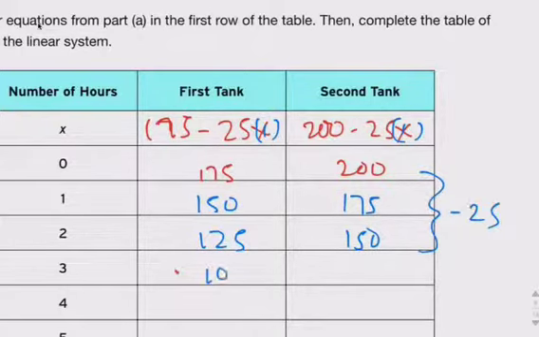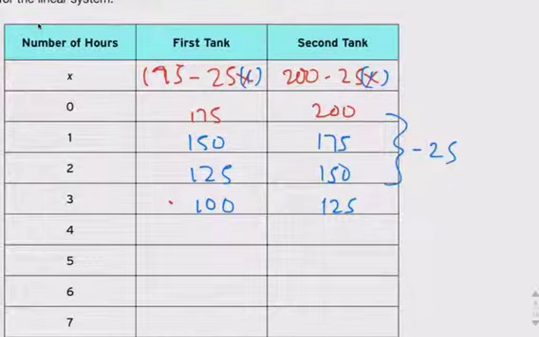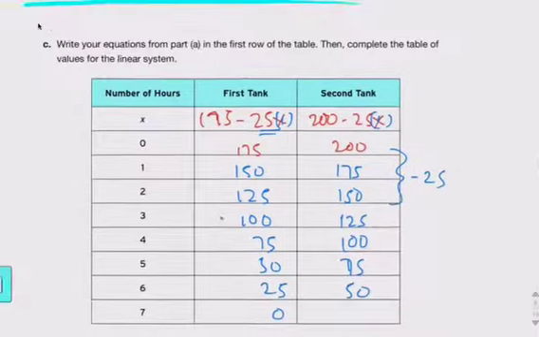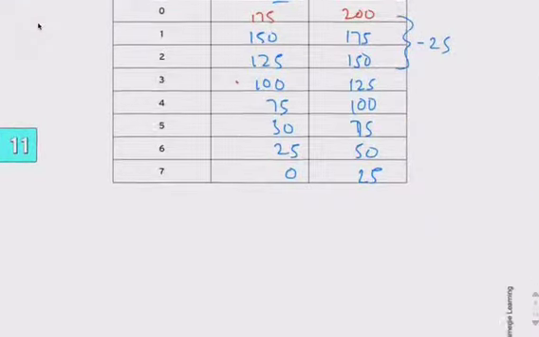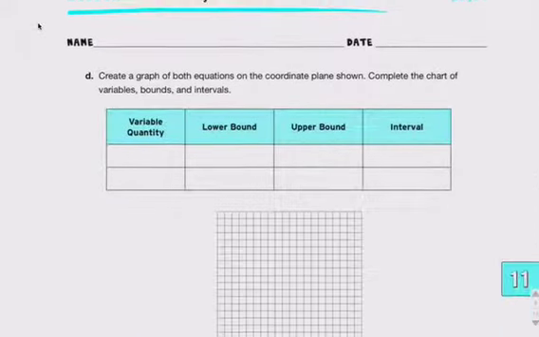Notice they'll never meet because the slope is the same. In 7 hours, it'll be 0 for the first tank. The second tank has 25 gallons left. So there's never a time where they meet.